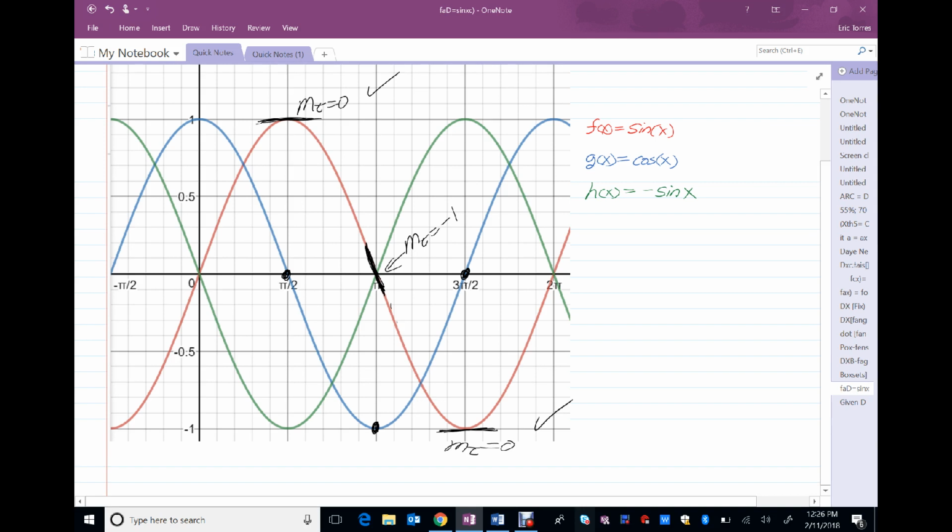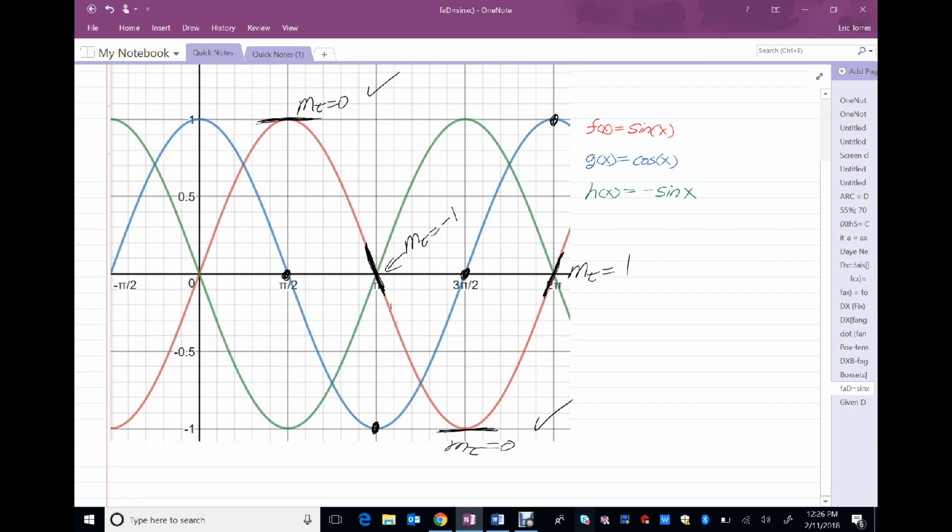Interesting. At 2 pi, if I drew a tangent, again, on the function sine, and did the same thing, calculated the average rate of change as a limit going to 0, I would find that the slope of the tangent line there is 1. And again, to graph my derivative, I would plot the point 2 pi, comma 1.